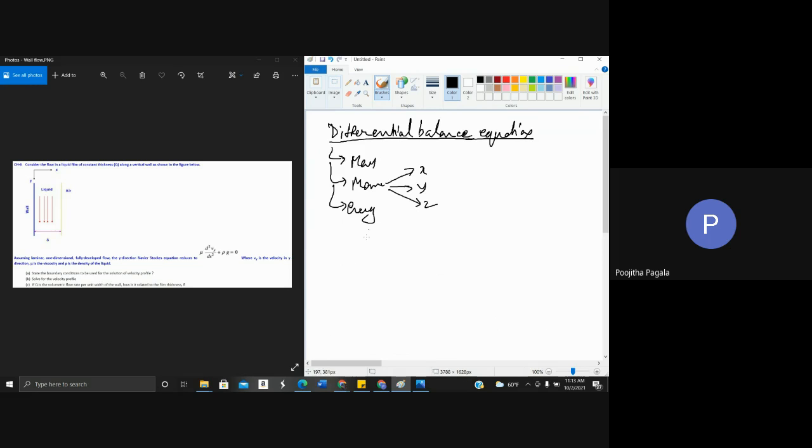So the differential balance equation for mass is going to be dou rho by dou t plus del times rho v is equal to 0.